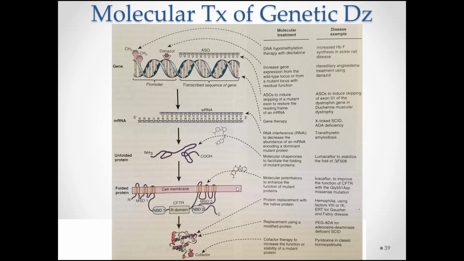And when you have this other mutation in cystic fibrosis, the glycine 551 asparagine mutation, ivacaftor can improve the function of that protein. And then, of course, we have protein replacements, like with hemophilia. We have cofactors such as pyridoxine in classic homocystinuria. And then we also have the monoclonal antibodies, which can bind to these proteins and get them out of the way.